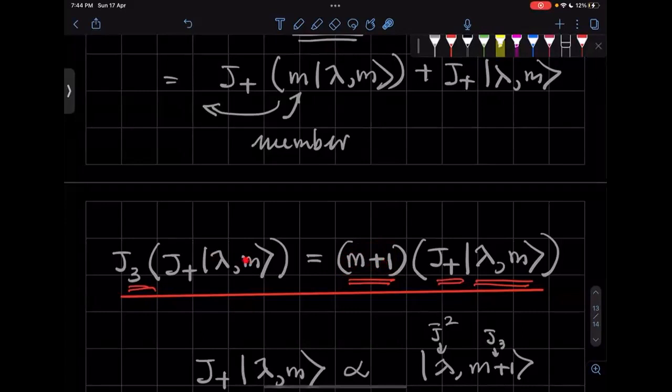This state, the ket, has J3 eigenvalue m over here. But this whole state with J plus acting on it is a different state, and that state has J3 eigenvalue m plus 1.